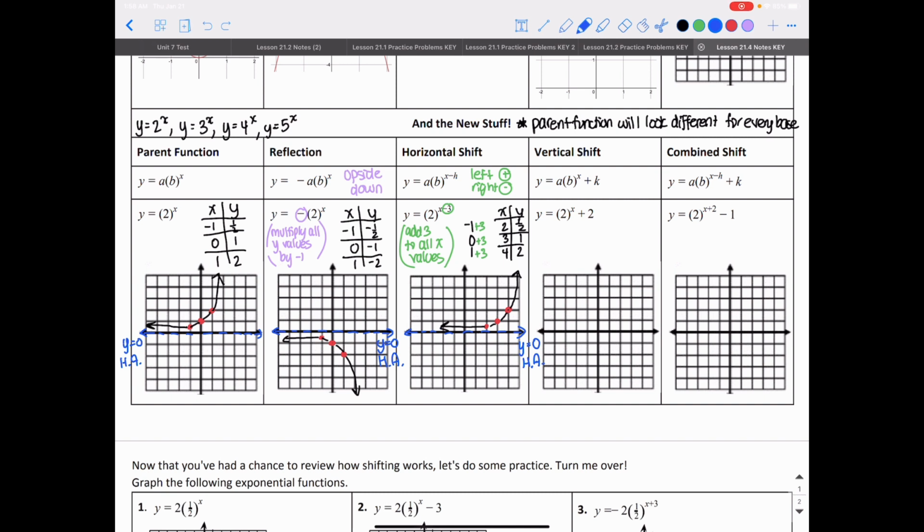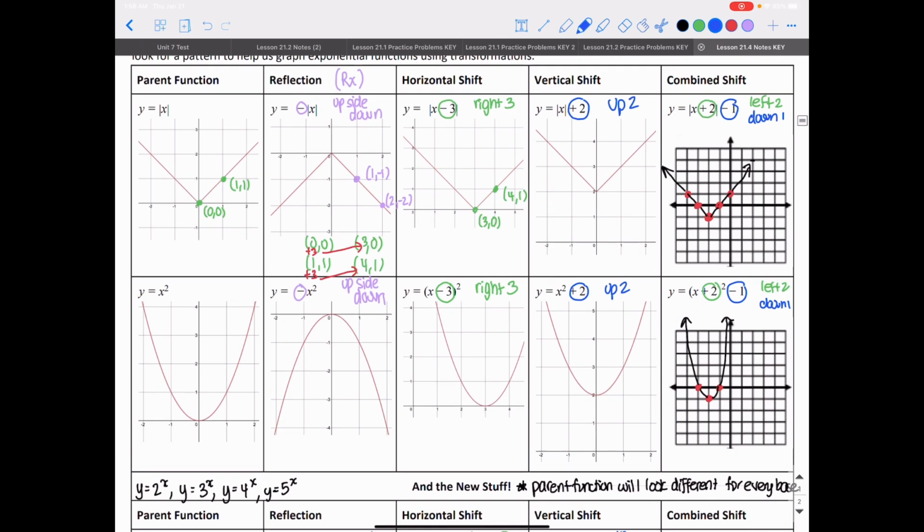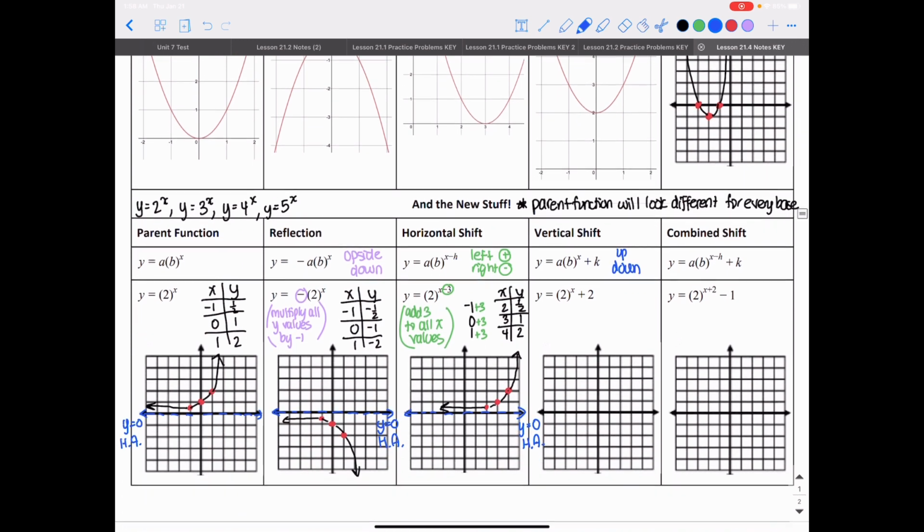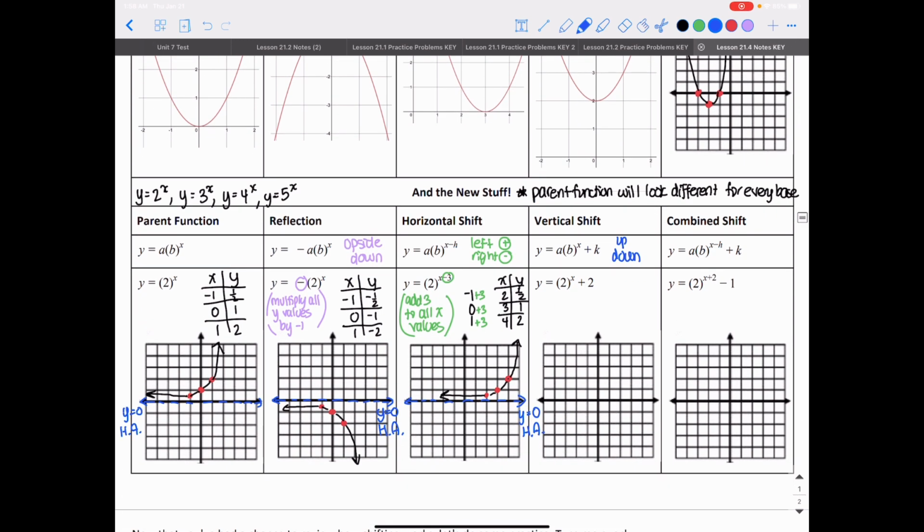All right, for vertical shift, I know that if I'm adding or subtracting k, I'm moving up or down, just like I was in the other examples, or the other functions. So if I'm adding 2 to the x power on the outside, not inside of the parentheses, I know I'm moving up all my points, which means what I'm actually doing is I'm adding 2 to all y values.